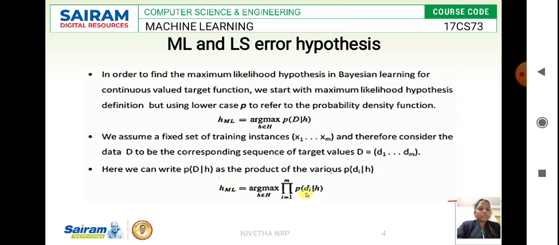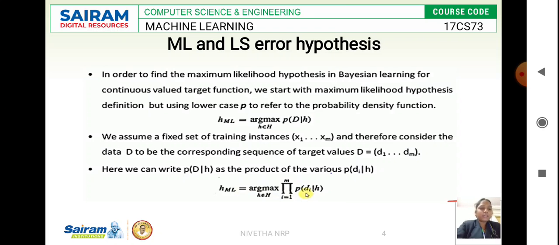We choose the letter P for referring to the probability density function, and we use the formula: the hypothesis of ML, the maximum likelihood condition, is derived from the argmax over H of P of D given H.